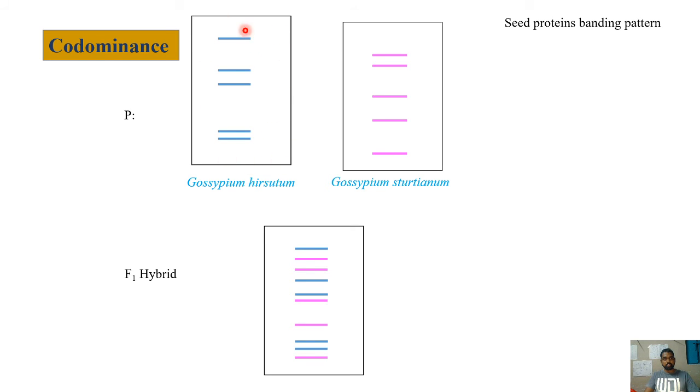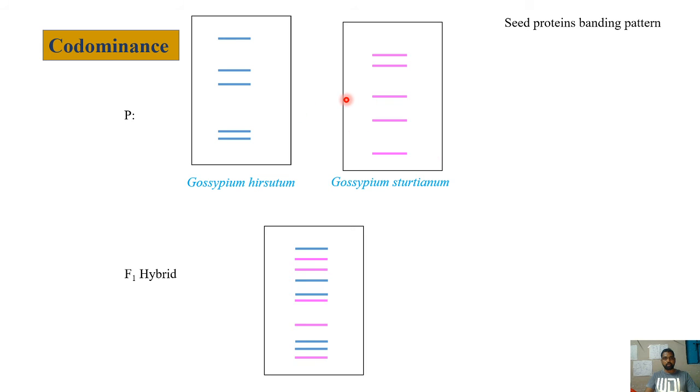Electrophoresis is performed using the proteins isolated from the seed. So this is how the banding pattern is. And when Gossypium stewartianum is used, this is how the banding pattern is. Again, the proteins are from the seed only. So you can find the difference in the banding pattern between these two different species.